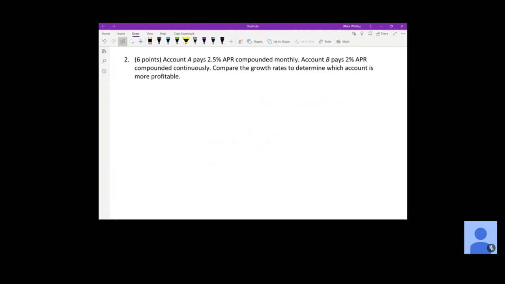So that tells us then that we're going to need both of our formulas for compounded interest because one of them's monthly, we're going to have an n value, the other one's continuously, so that's going to be the P times e to the rt. Again, I'm going to write out my 2 formulas here. We'll talk about what we know and what we can put in there. But we do need both of those formulas this time.